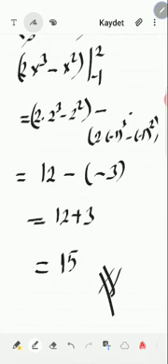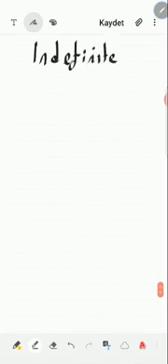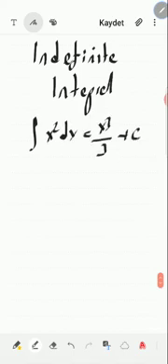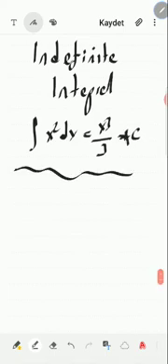Let me sum up the lesson. When we say indefinite integral, for example, x to the 2 dx, we say x cubed over 3 plus c. Since we don't know the exact value of c, we say it is an indefinite integral.